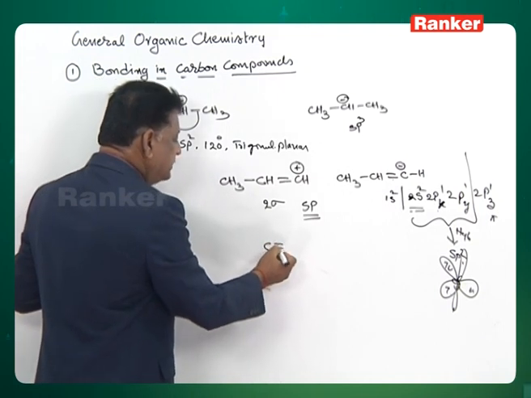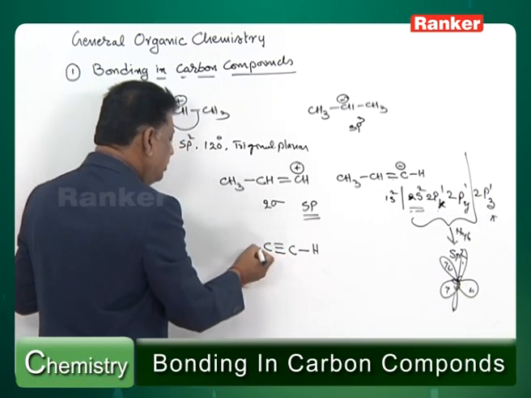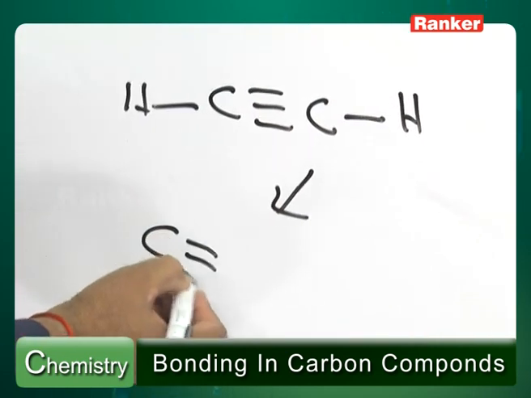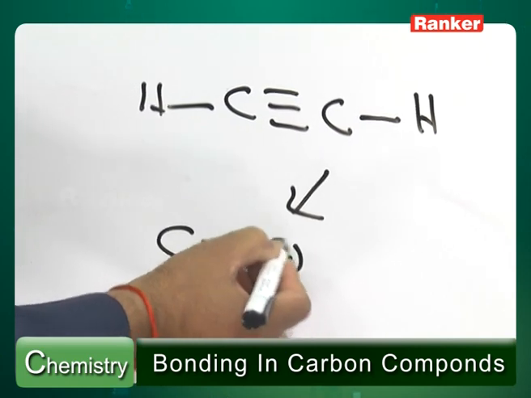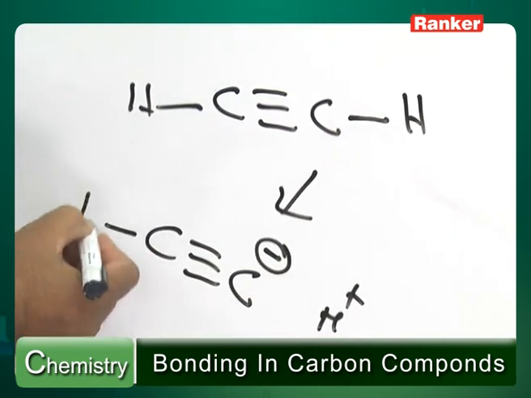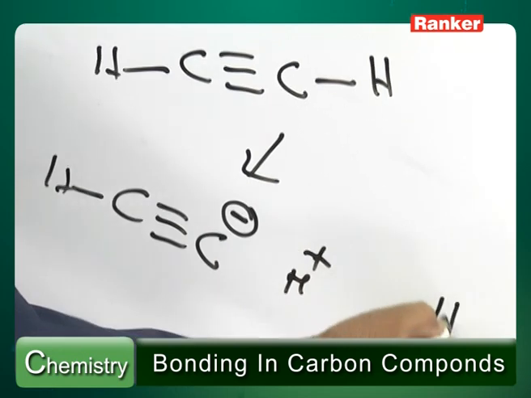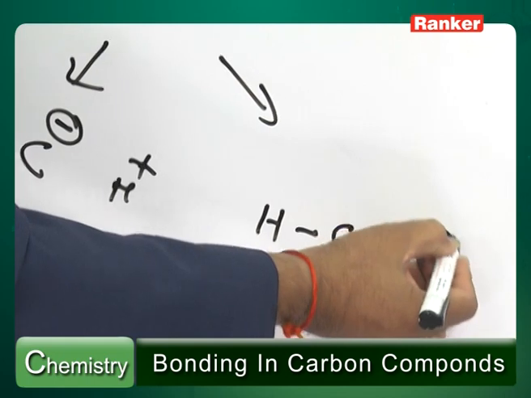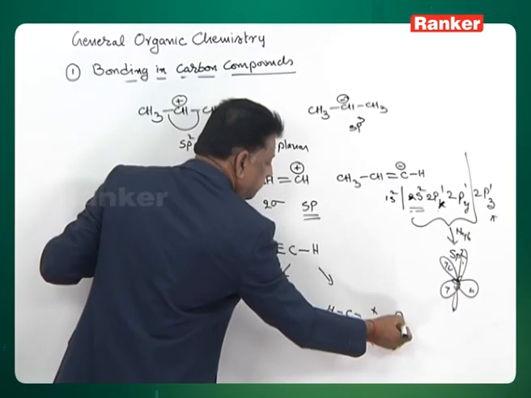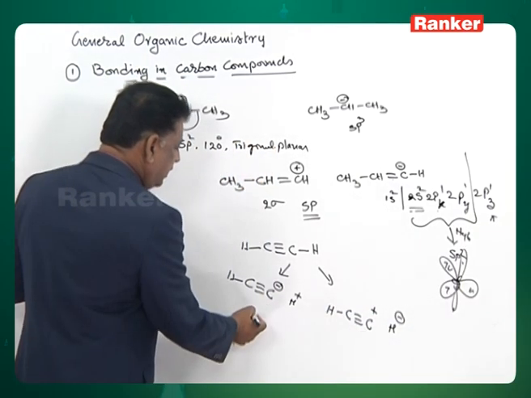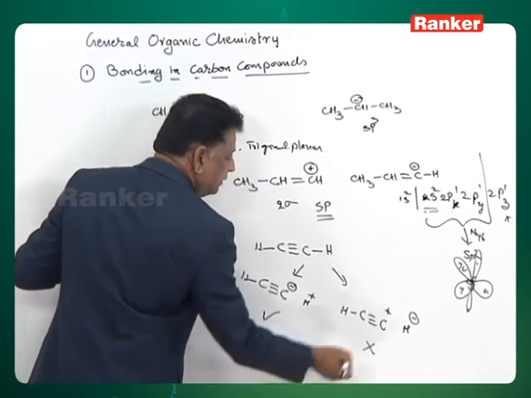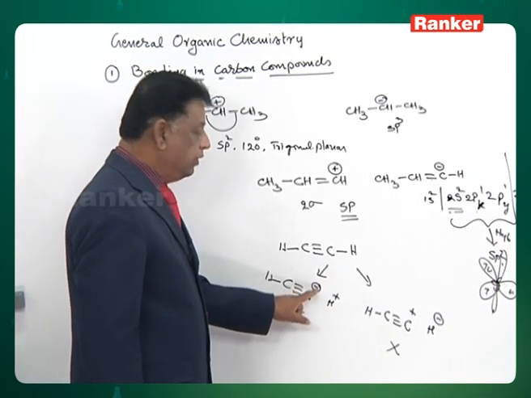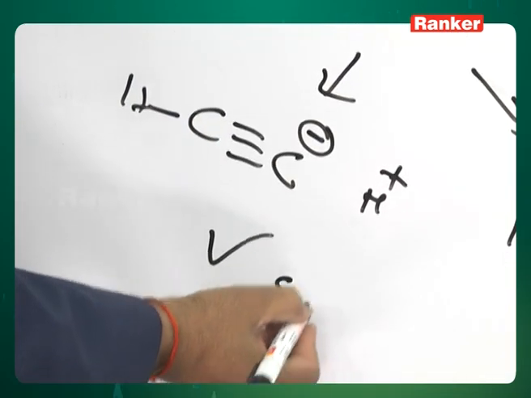Questions like acetylene, for example, may break in 2 ways. Heterolytic fission may give the acetylide anion and H plus. Similarly, you can make another type of heterolytic fission, acetylene with plus and H minus. This is possible on paper, quite easy, but it never takes place. Why? Here, with 1 sigma bond and 1 pair, sp hybridization is possible.